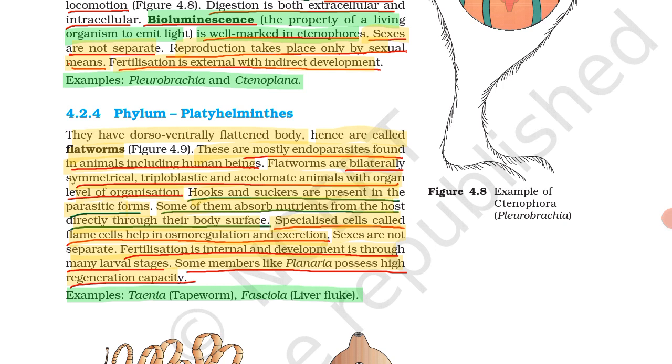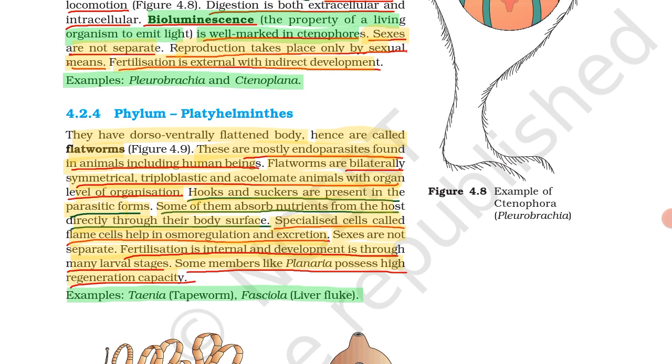Sexes are not separate, which means they are hermaphrodite: both sex organs are present in a single individual, and from that individual eggs and sperms are produced.